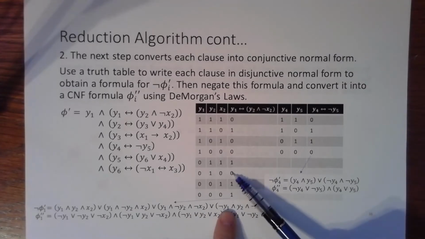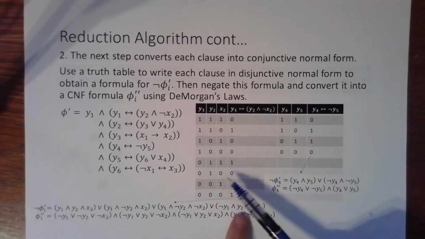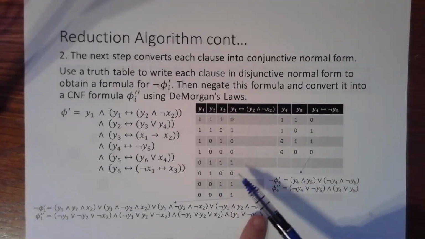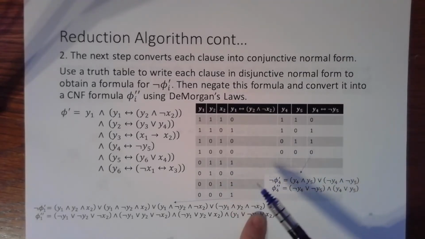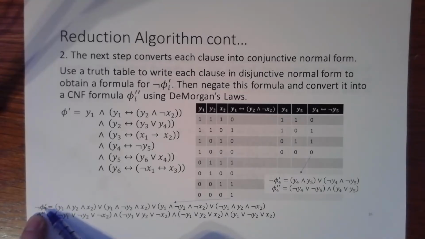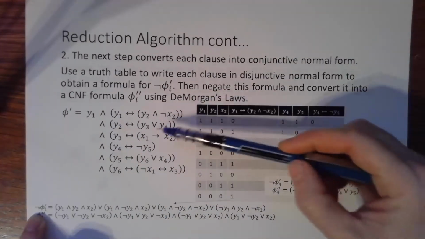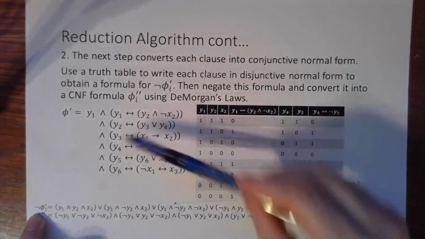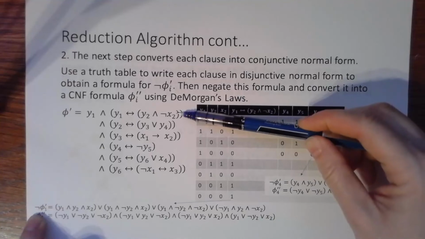That one will be not y1 and y2 and not x2. So that expression will give me the negation for just that first one. I would have to do that for all of these, but I'm just doing it for the first one right now.